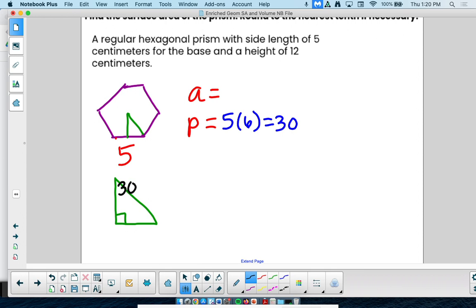So close. 2.5. Yep, 2.5. So if we have our short side, we get our long side by multiplying by... Yep. I think it's 4.3. Someone should check my memory though. Okay. There we go. That's our apothem.